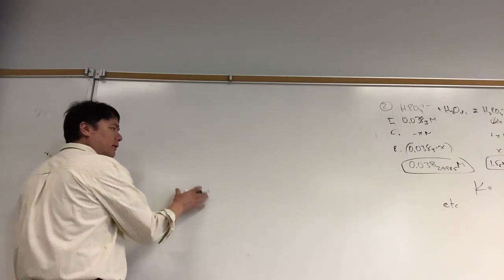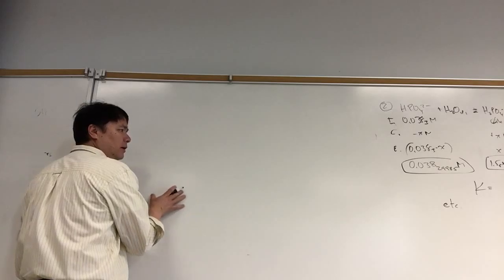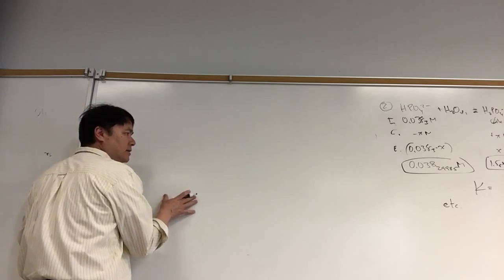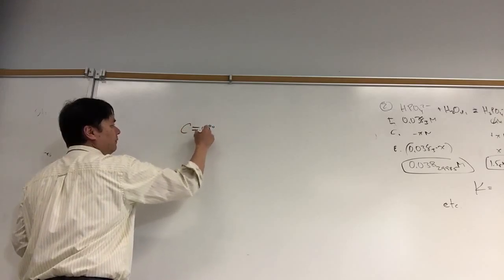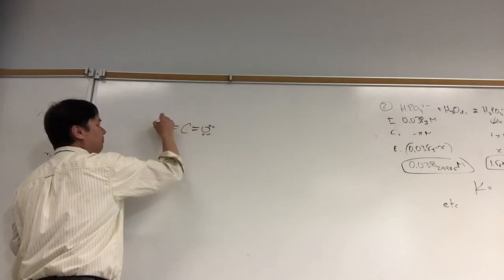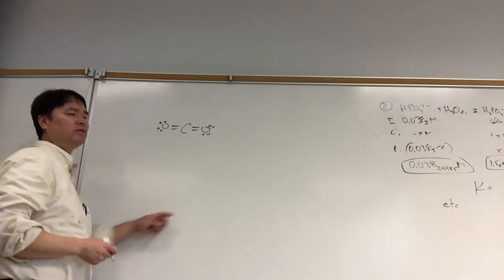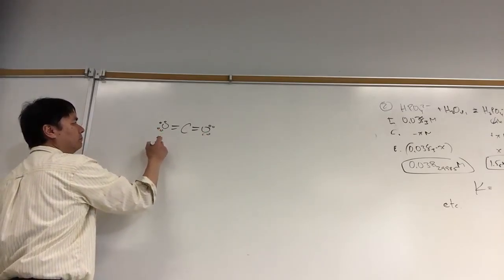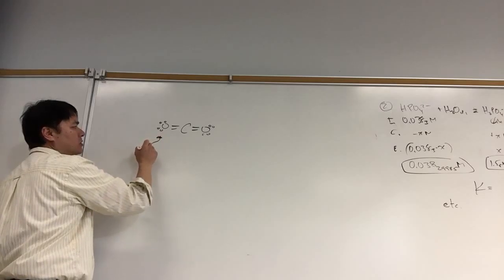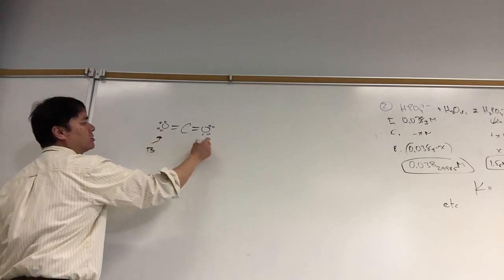Well, when we look at Lewis acids and bases, something like CO2, the base sites are going to have negative charge density in a lone pair. So we look at it atom by atom. Over here, this oxygen should be a base.